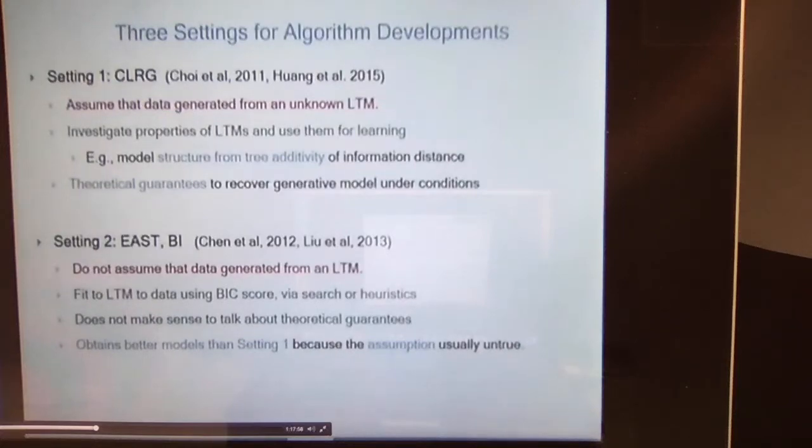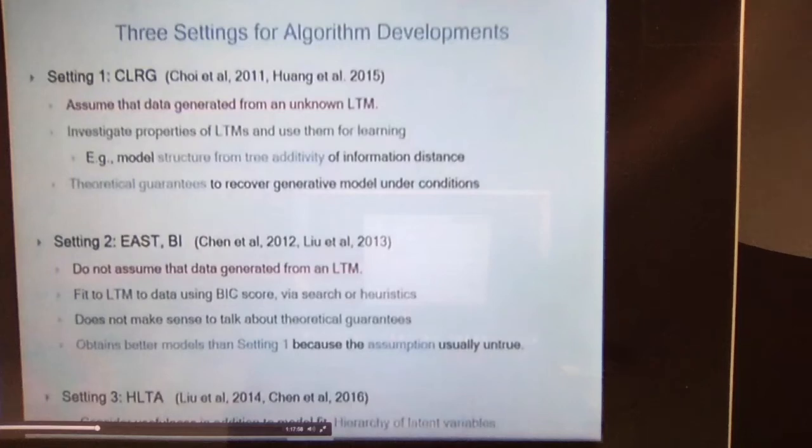The empirical results indicated that you can almost always get a better model in this setting than in the first. The reason is that in the real world, most data sets are not generated from tree models, so the assumption is actually not true.